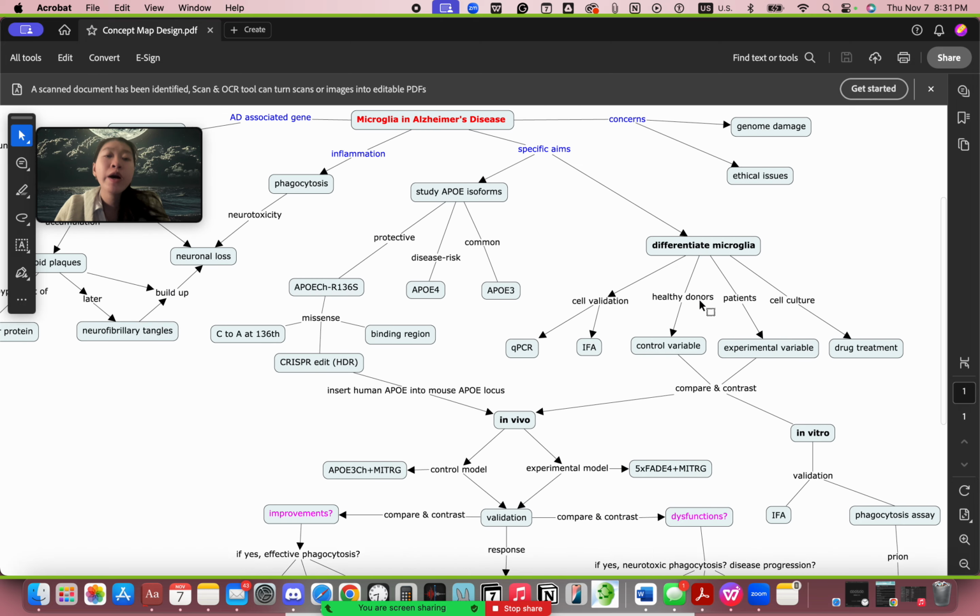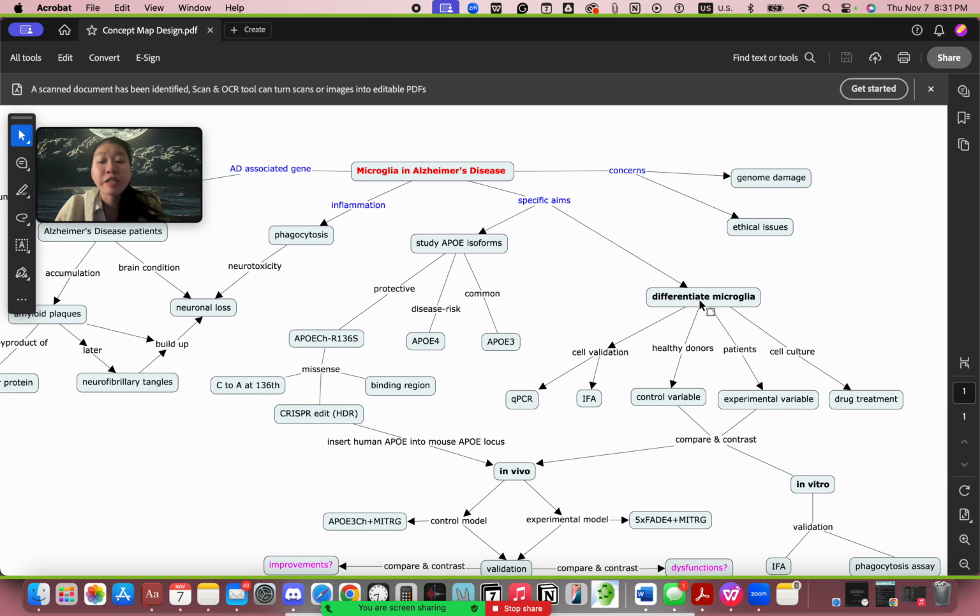I also have some concerns about the project. When we introduce the CRISPR edits to the mouse ApoE locus, we could unintentionally damage the genome as the locus is exposed to off-target cleavages.